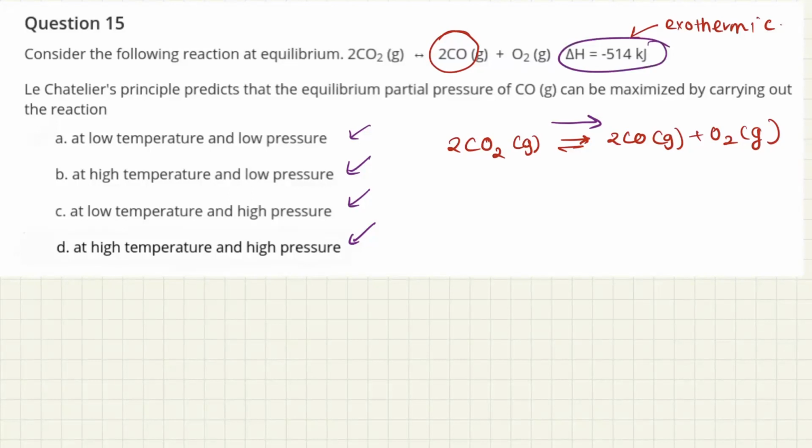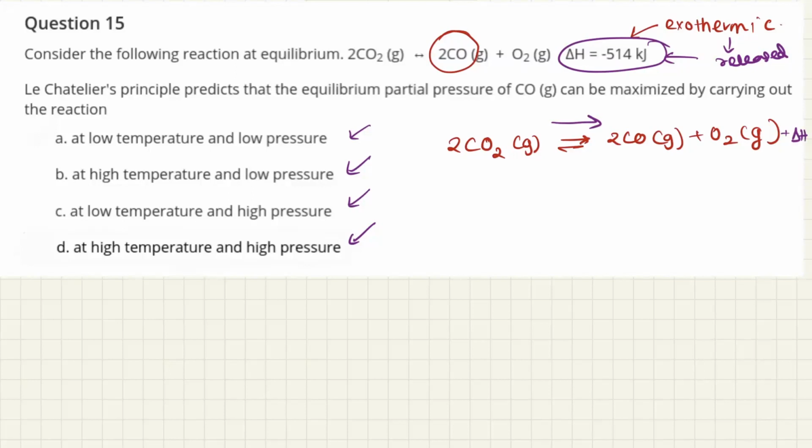So when you have a negative value, or exothermic, what does it mean? It means energy is being released, right? Exothermic means energy is being released, while endothermic means energy is being absorbed. So because our energy here is being released, that means the delta H is going to be on the product side because energy is being released.